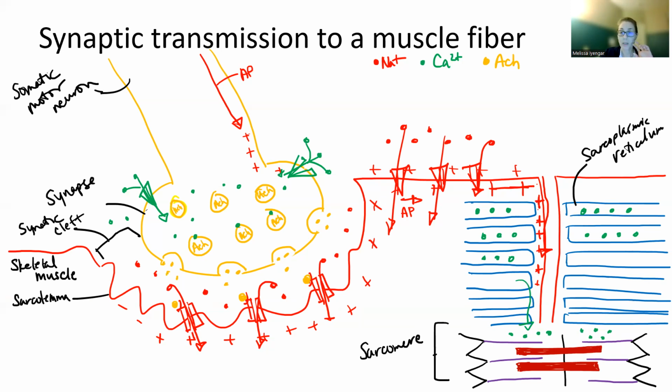That binding of calcium to troponin causes tropomyosin to twist, and when it does that, it's going to open the myosin binding sites on actin. When that occurs, the myosin is going to bind to actin and pull actin towards the M line. So the Z disc will move towards the M line and our sarcomere is going to get smaller.